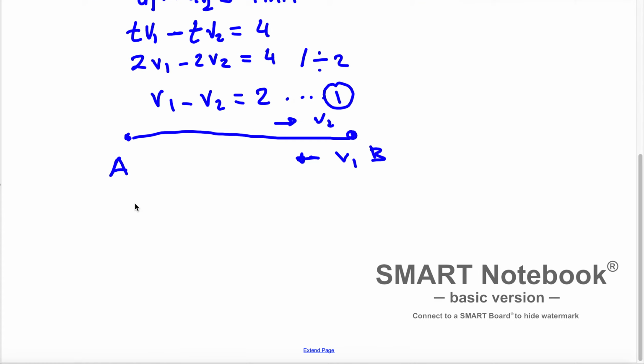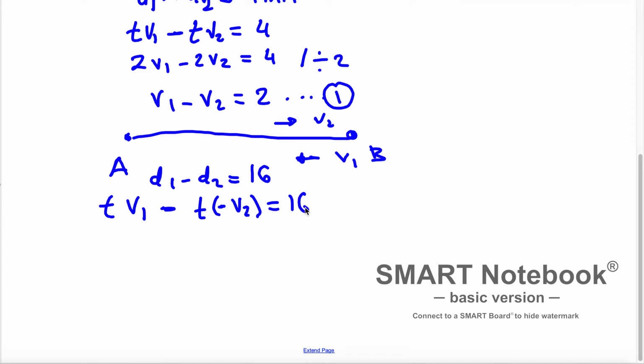Now again, this difference, d1 minus d2, is going to be equal to 16 miles apart. And v1 t, because the t is a constant, minus, and because this vector has the opposite direction, I'm going to write this vector with a negative v2, is equal to 16.